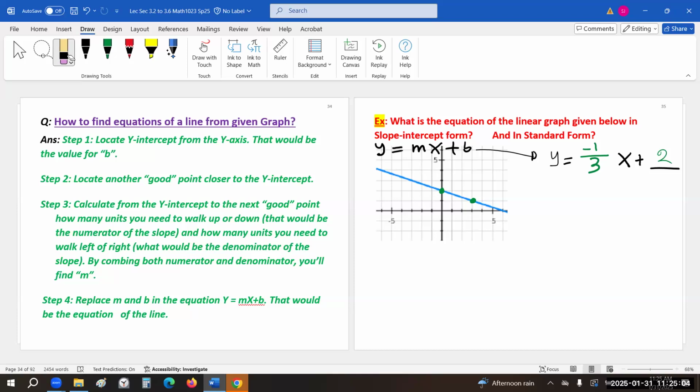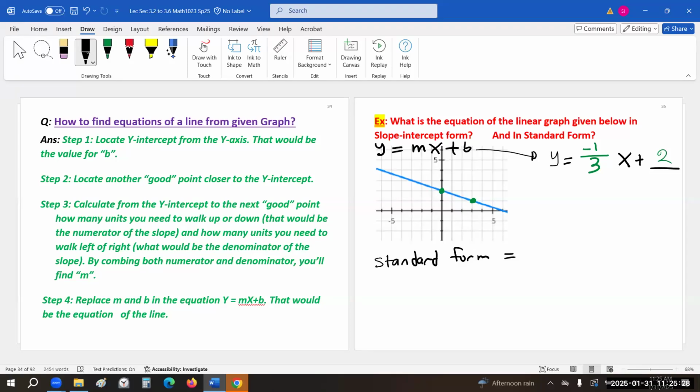But now they want us to rewrite that in standard form. Do you remember what is standard form? How do you write standard form of a line? Nobody remembers?